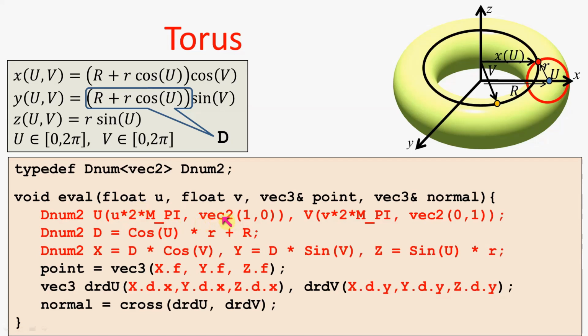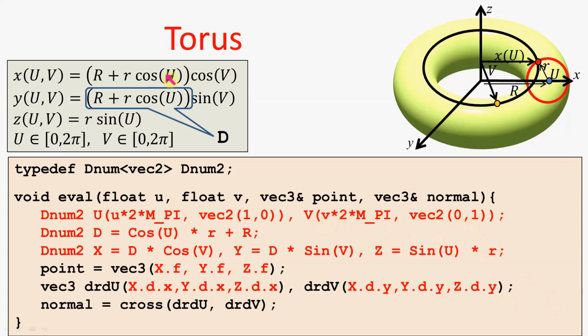And the derivative of u with respect to the second derivation variable, which is v, is 0. Similarly, the second parameter is also a dual number. Its value is v times 2 pi, and concerning the derivative values, the derivative of v with respect to the first derivation variable, that is, with respect to u, is 0, and the derivative of v with respect to v is 1.